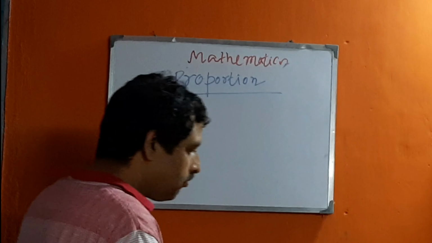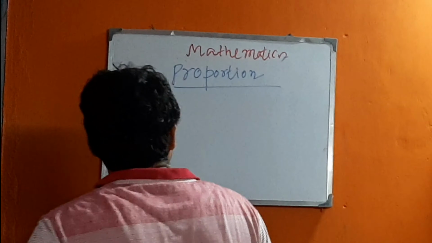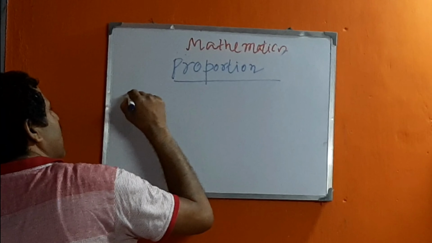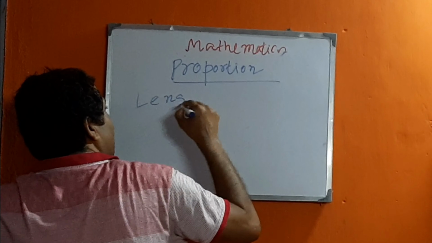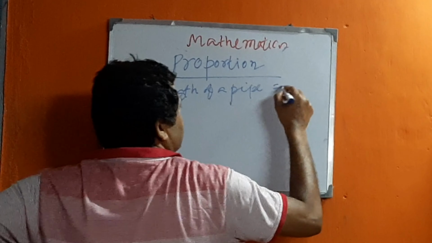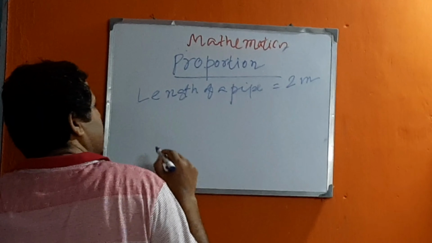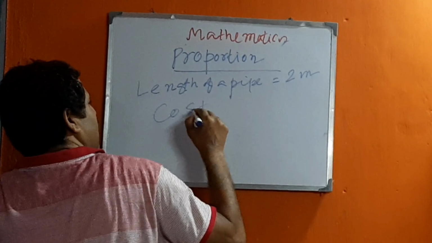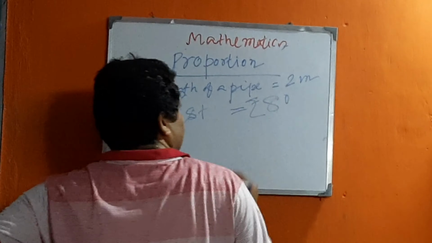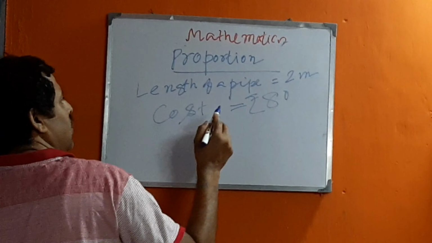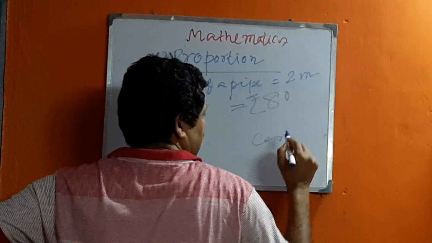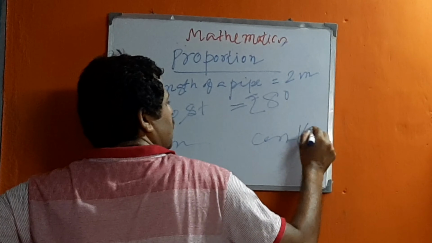Suppose the length of a pipe is 2 meter and its cost is ₹80, and for another pipe of length 4 meter the cost is ₹160.